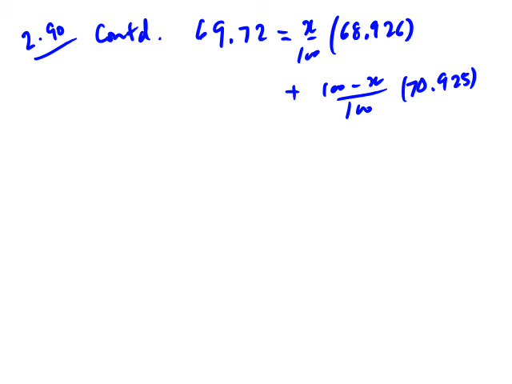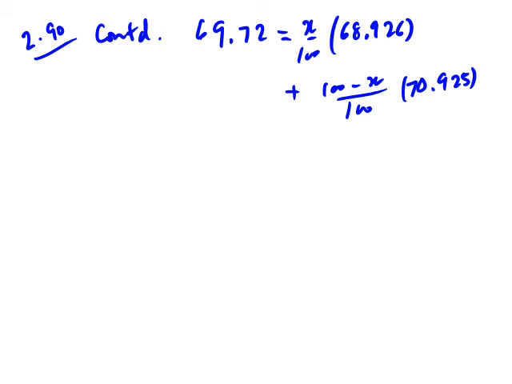Okay, now keep in mind these x and 100 minus x are the percentages of two isotopes. One is x, the other one is 100 minus x. Now, if you multiply both sides by 100, this is what you're going to get. So again, it's simple algebra.